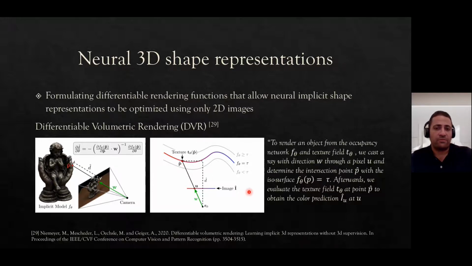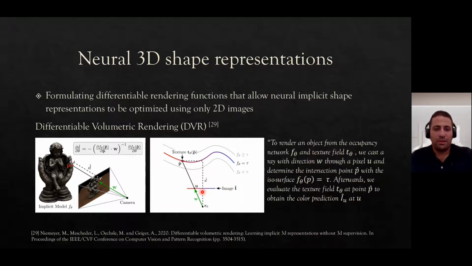So here, when I have an image and a ray, this represents the camera, I'm trying to look at the object from a certain angle with a direction W. This would be projected on my image as a pixel U, and the first network would estimate the distance from the image to the object, and the second network would estimate the texture at this point, and this would result in what would be in this pixel.